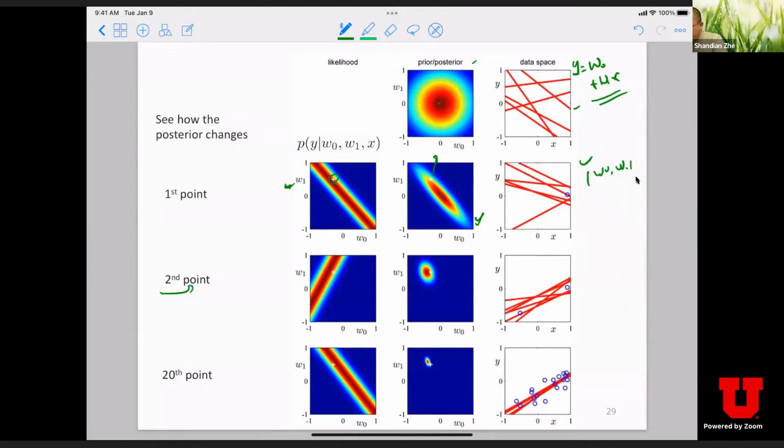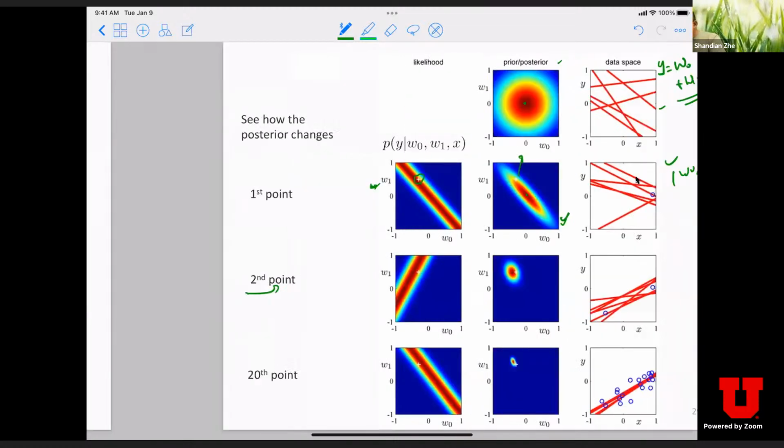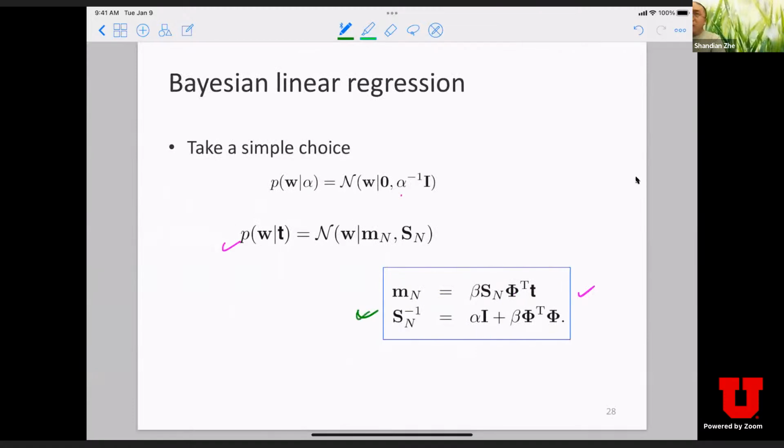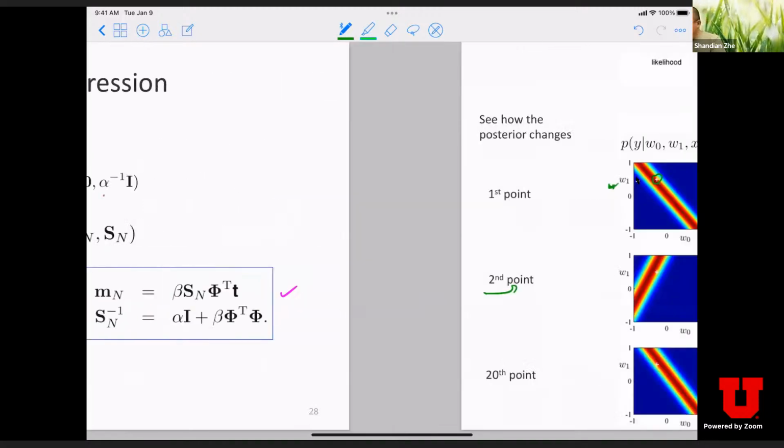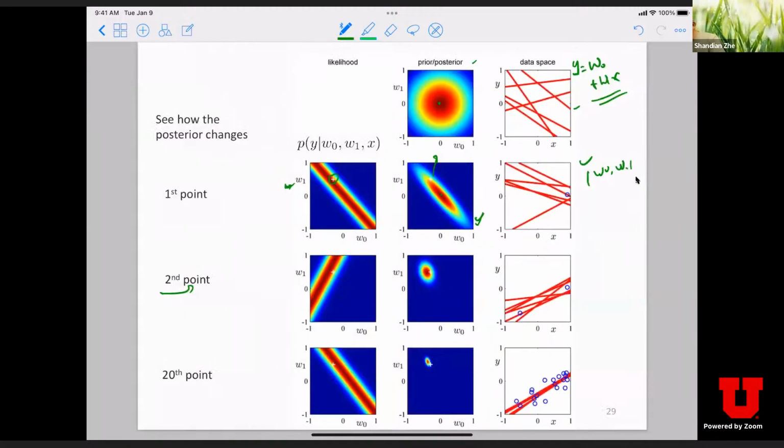So let us receive the next data point. Suppose we have observed two data points. Again, we can apply the formula to compute the posterior distribution of our weights. If we look at the posterior distribution of our weights, what can we observe?